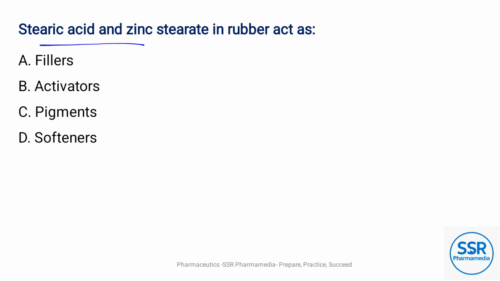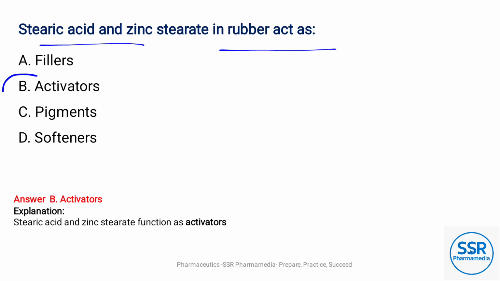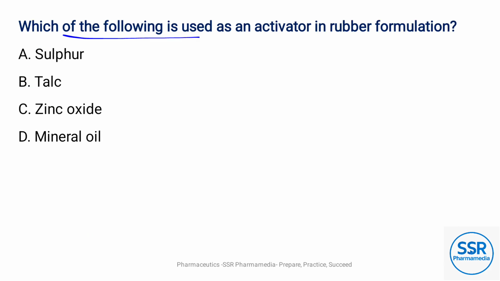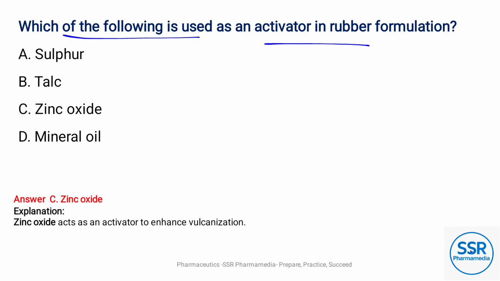Stearic acid and zinc stearate in rubber act as, option B, activators. Which of the following is used as an activator in rubber formulation? Option C, zinc oxide.